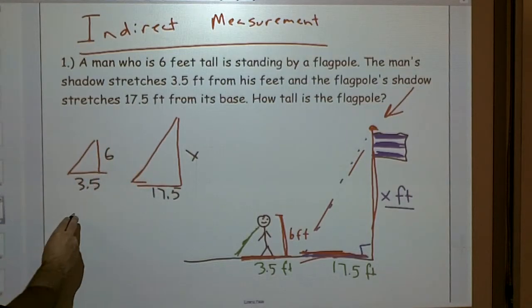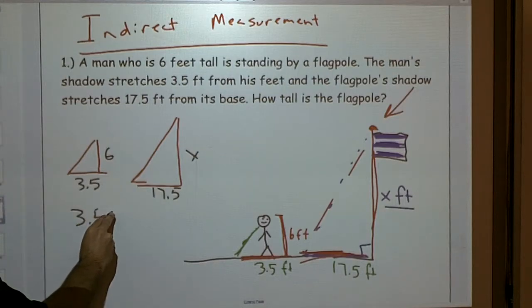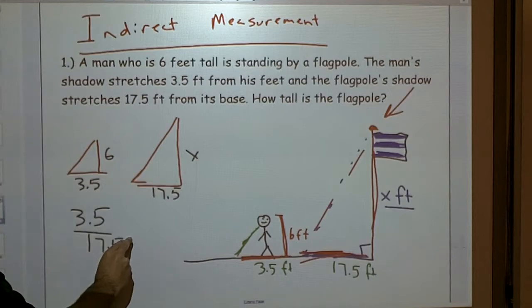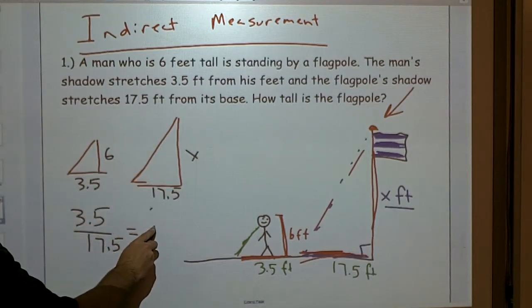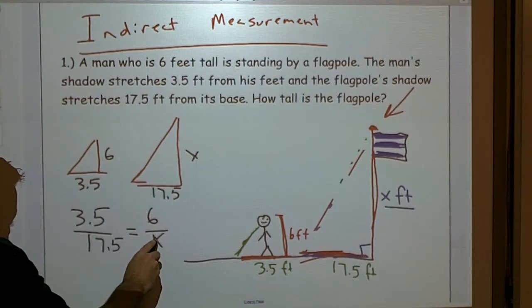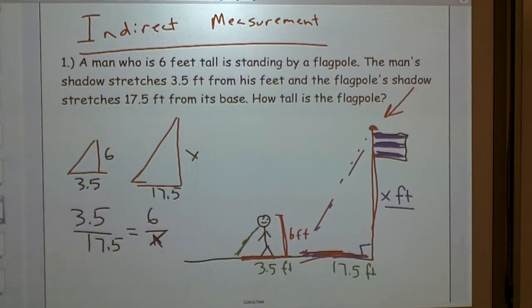So we're going to say 3.5 over our bigger value, which is 17.5, is equal to the smaller in this case, 6, over our variable of x.